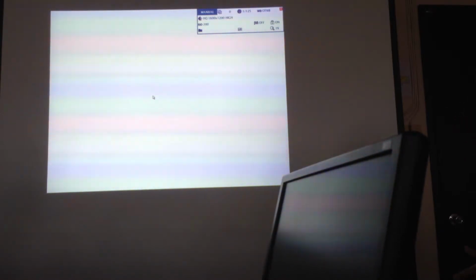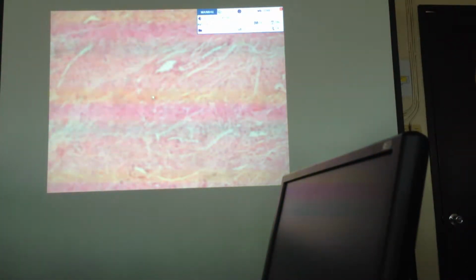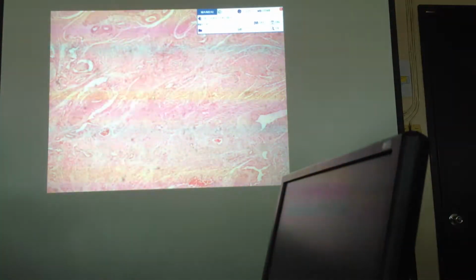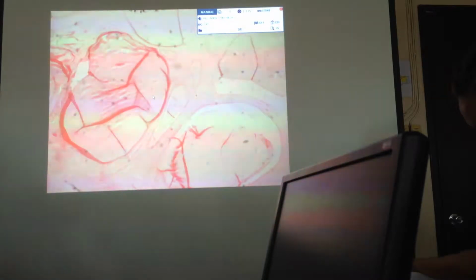So CIN pa rin yan, ha? You always look at the basement membrane. Okay? So if it's still intact, then it's a carcinoma in situ. The same goes with the rest of the slides.